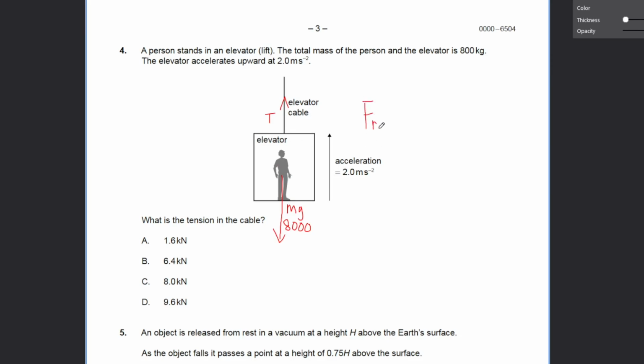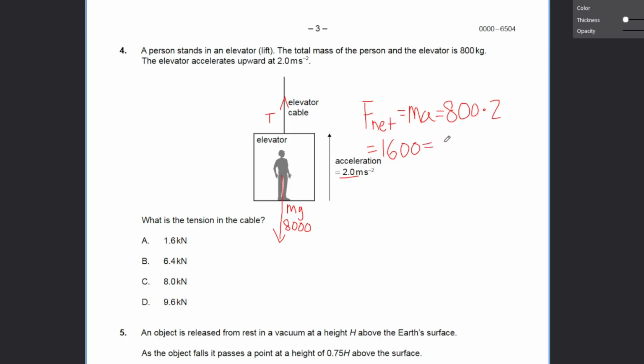So we can say that force net is equal to ma, which is equal to, well, the mass of 800 times the acceleration, which we're given as 2. So we have 1600 as our net force.